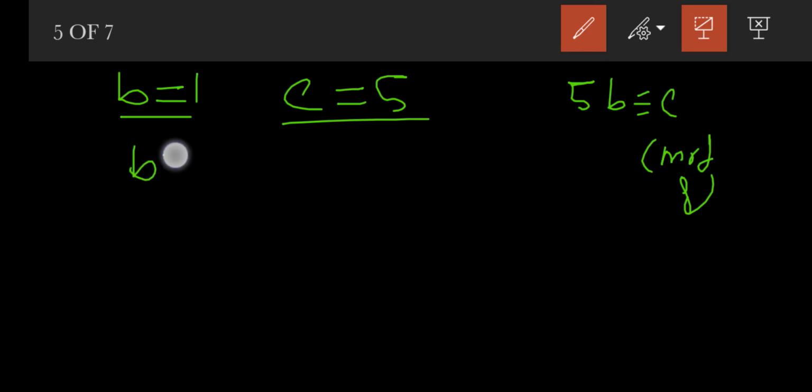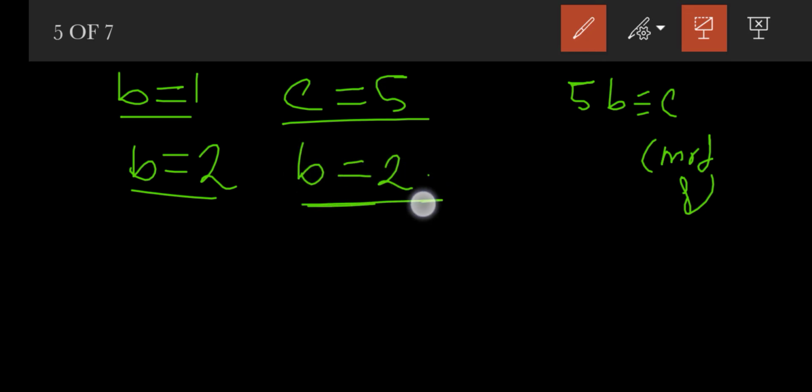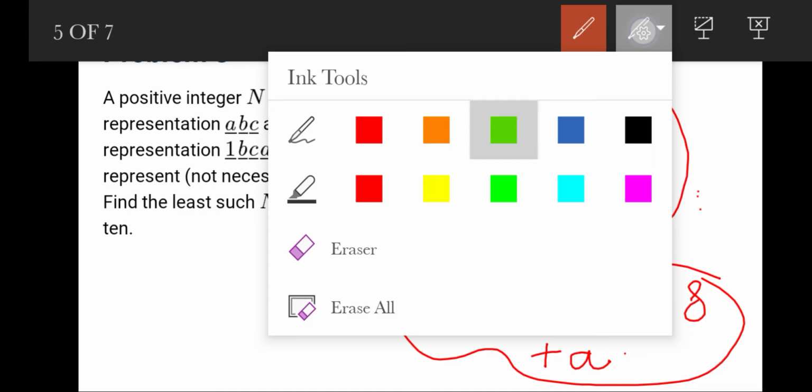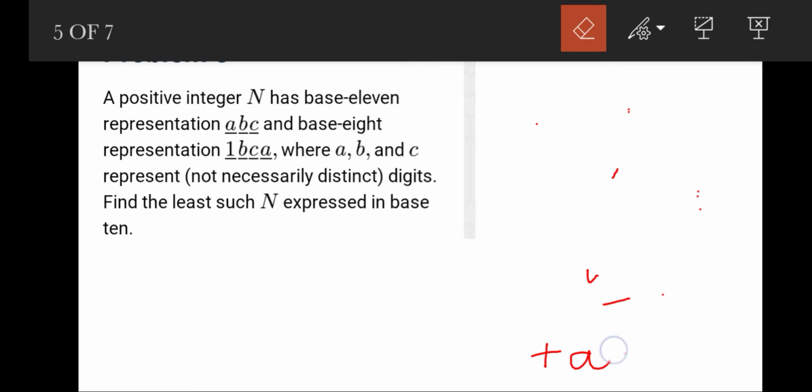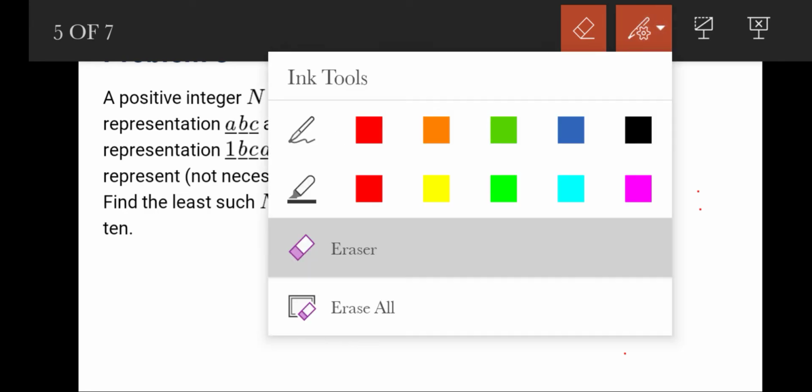For b equal to 2, this thing will be 10, so c will be 2. But in the exam we do not need to make the whole table; I just make the table to show you how we can construct this.